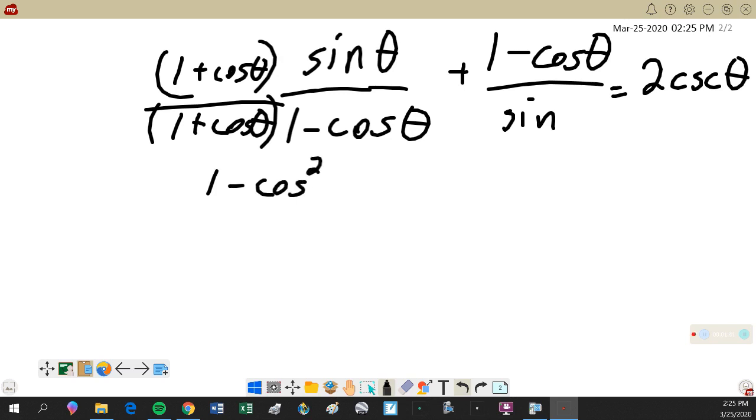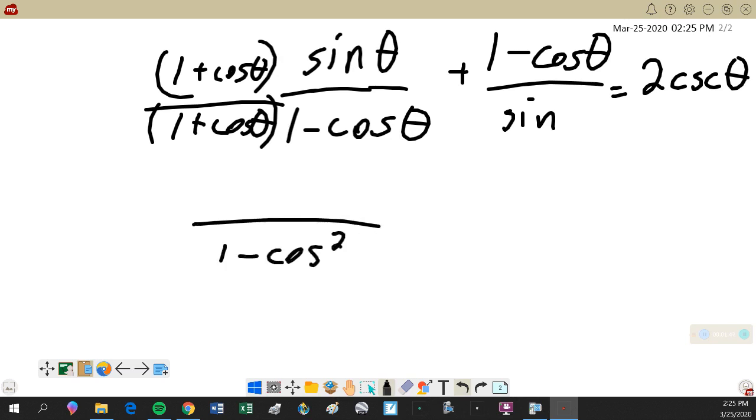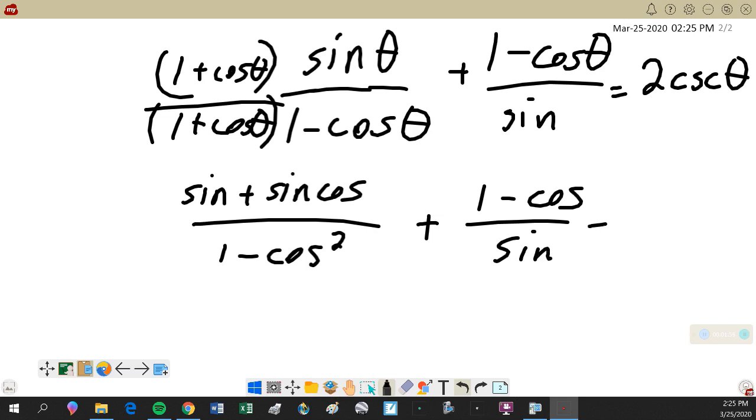And the top, oh, that was a bad idea. 1 minus cosine squared. And the numerator is sine plus sine cosine. And 1 minus the cosine over sine is equal to 2 cosecant.